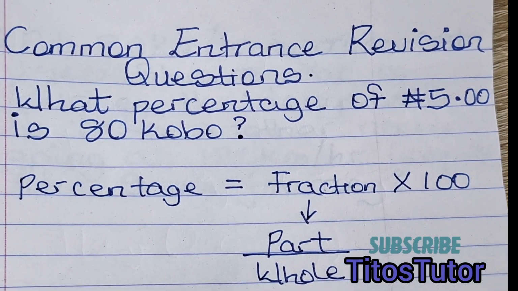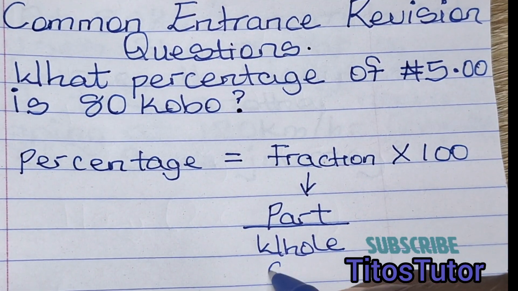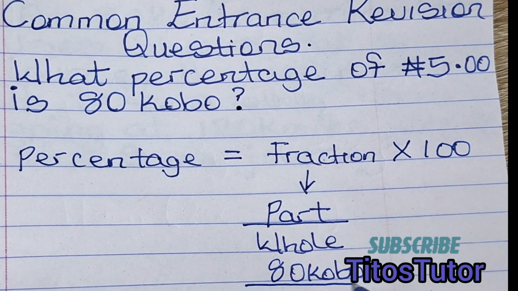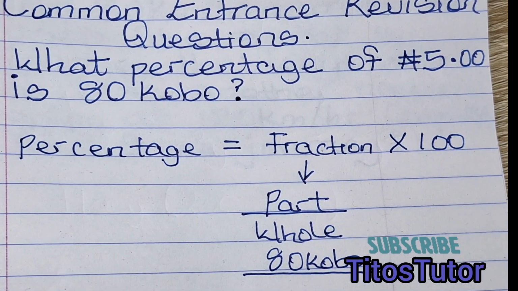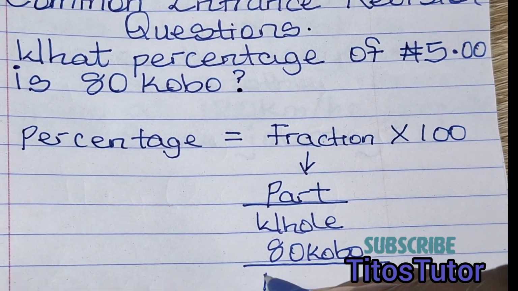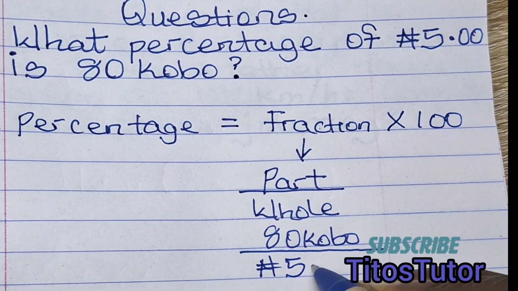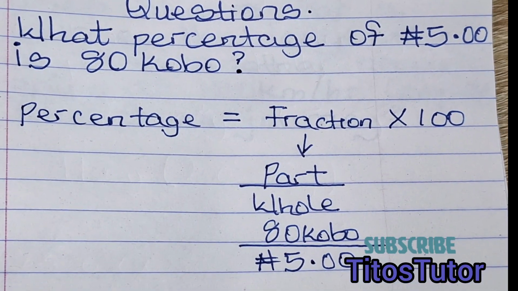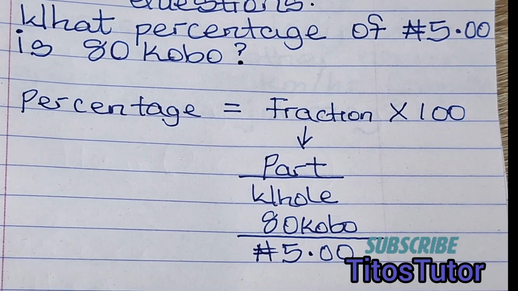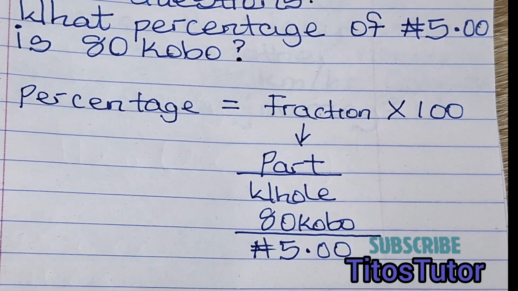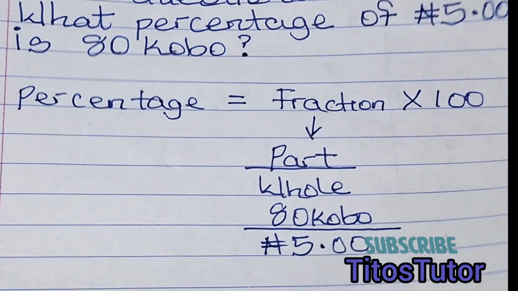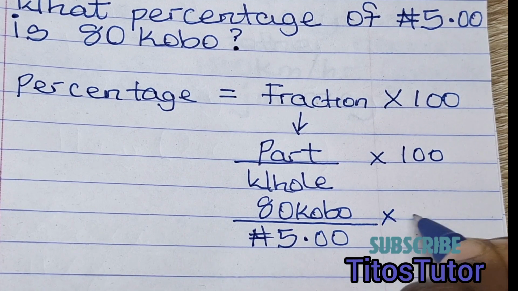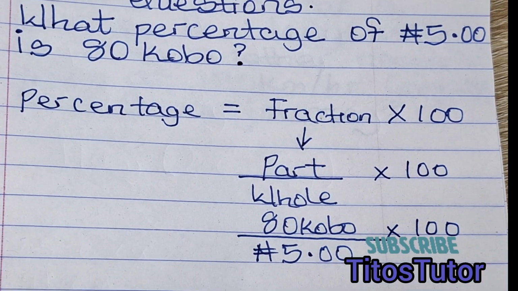So, the part is 80 kobo of 5 naira. I always tell my students, you convert the bigger unit to the smaller one so you can work with it easily. So remember that each time you're multiplying by 100.